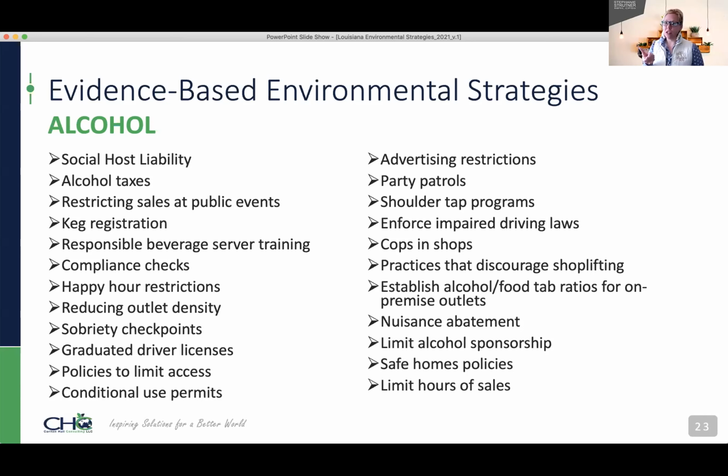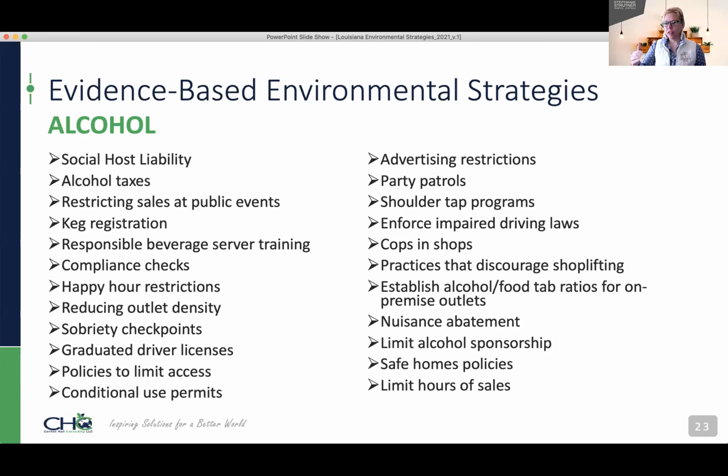But there are ways to do some checks on shoulder tap programs, when you have informants who go and tap on the shoulder of someone, asking them, hey, here's some cash, can you go buy me a 6-pack of beer? If that person says yes, depending on your local laws, you would give them a card that says you have consented to engage in an illegal activity.